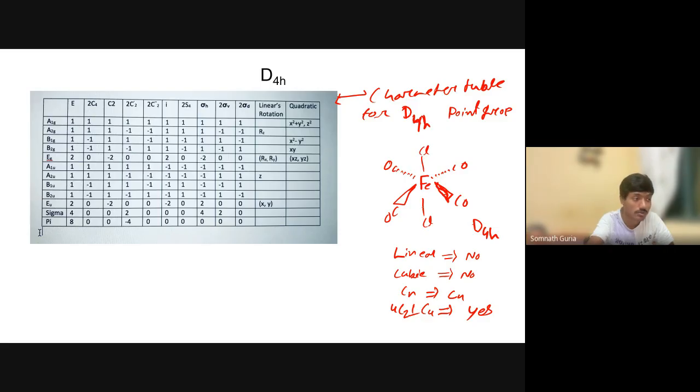We have the four. Now it is in D right now. And is there any h? Yes, it also has the h, which is the plane bisecting this Cl-Fe-Cl direction. So it is sigma h. So we have the D4h point group.